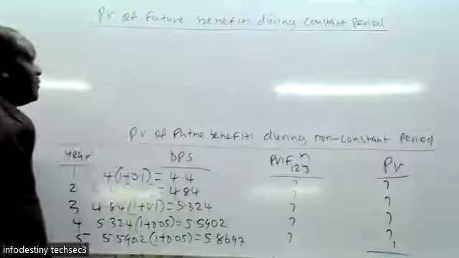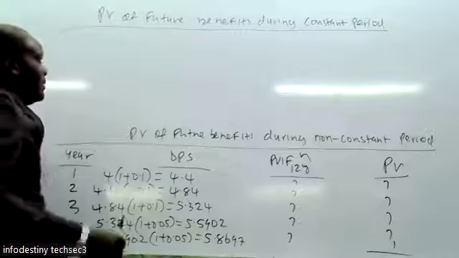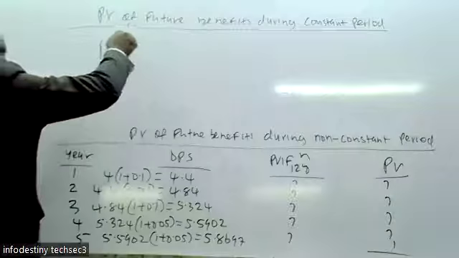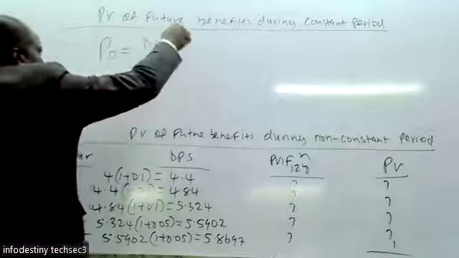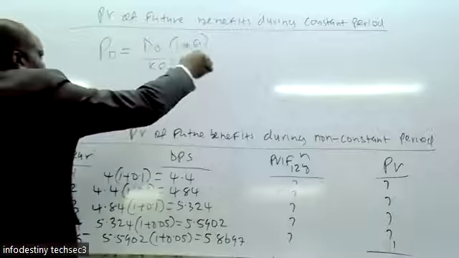Present value of the future benefits during the constant period, whereby P0 should be P0 1 plus g divided by Ke minus g.